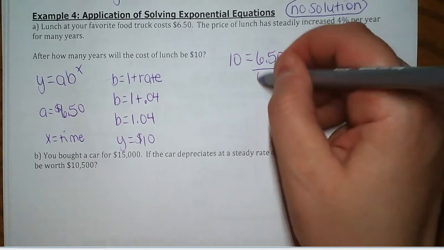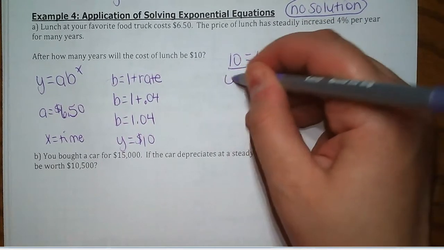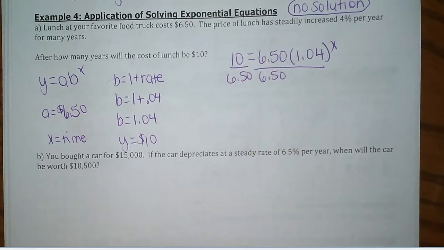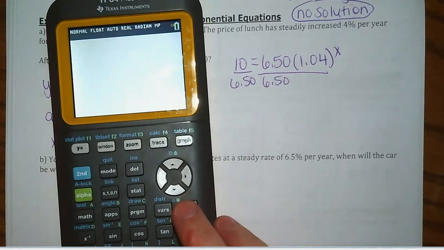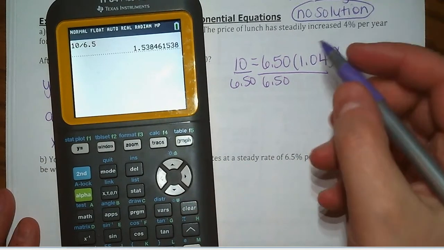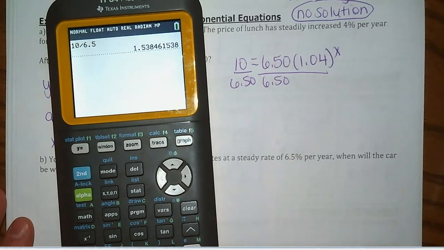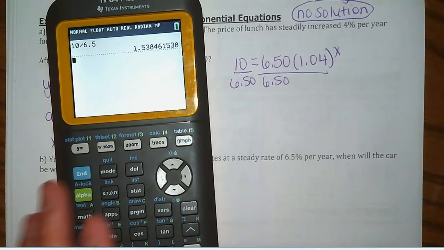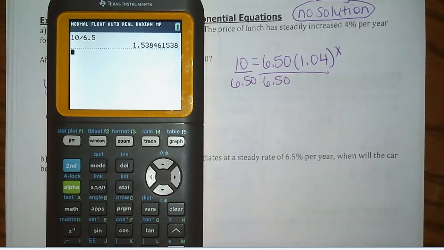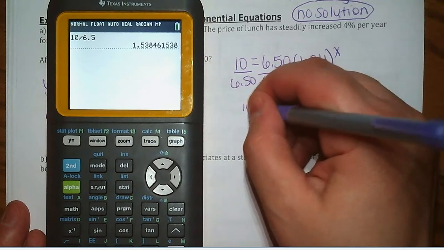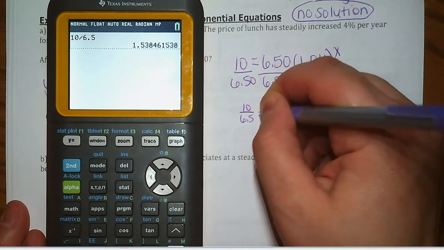What we actually want to do is I'm going to divide both sides by that 6.50 or 6.5, however you want to write it. So if I do 10 divided by 6.5, I'm going to go ahead and leave that in that format because I don't want to round multiple times, and that's not a nice decimal. So I'm just going to leave this right like this.